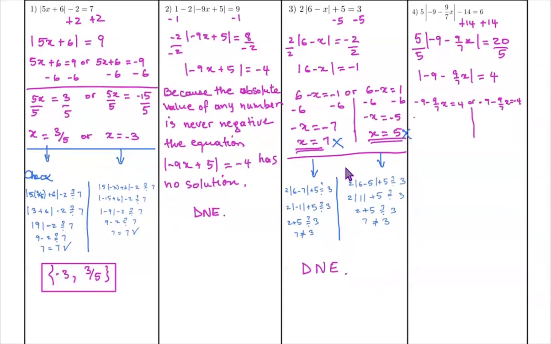Let's add 9 on both sides. We get -9 over 7x equals 13. If we add 9 here, we will get -9 over 7x equals 5.